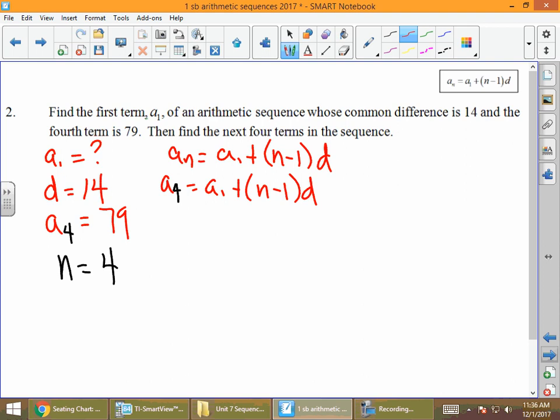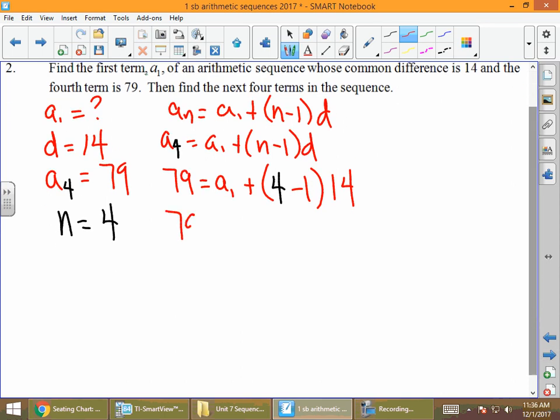When we fill these in, 79 is a sub 4. We don't know a sub 1, the first term, that's what we're looking for. But we know n. It's 4 minus 1 times d, which is 14. When we simplify, make sure that you follow the order of operations.